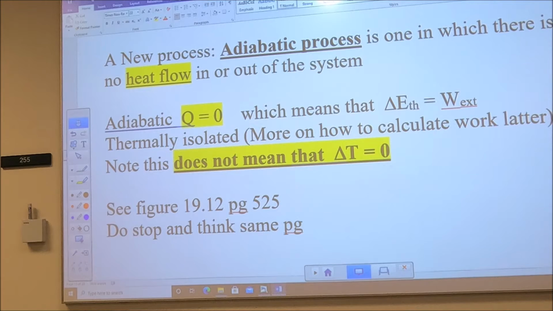Now, just because it's adiabatic and Q is 0 does not mean that delta T is 0. Let me draw a picture here and show it to you. In an adiabatic process, you get curved lines for the process, just like you did in isotherms.